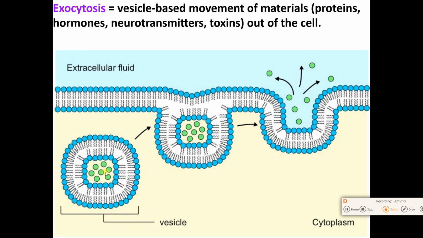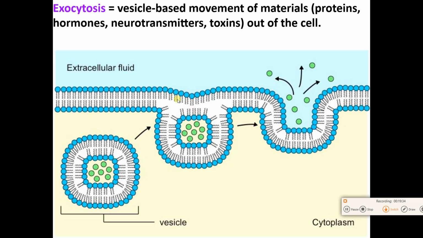And what's going to happen is this membranous bag, the phospholipids in this bag, are going to fuse with the phospholipids of the cell membrane. Remember, the cell membrane is a fluid structure, so we can fuse these two membranes together. And then look what happens as we fuse these two membranes together.